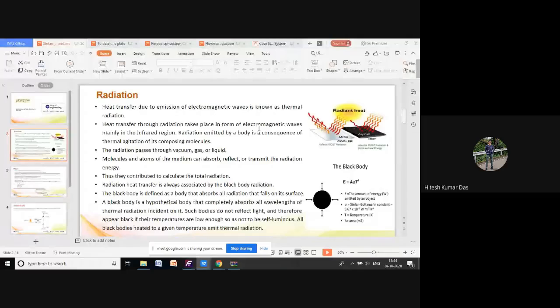A black body is a body that absorbs all radiation that falls on its surface. A black body is a hypothetical body that completely absorbs all wavelengths of thermal radiation incident on it. Such bodies do not reflect light, therefore they appear black if their temperature is low enough so as not to be self-luminous.